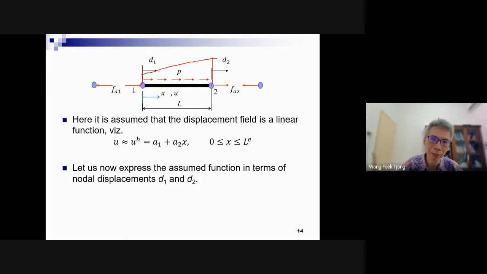This is maybe U1, this is U2, but U here is UX. That's our approximation H. So the displacement along the element, we approximate.